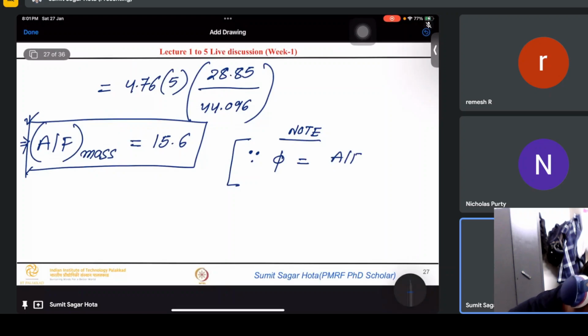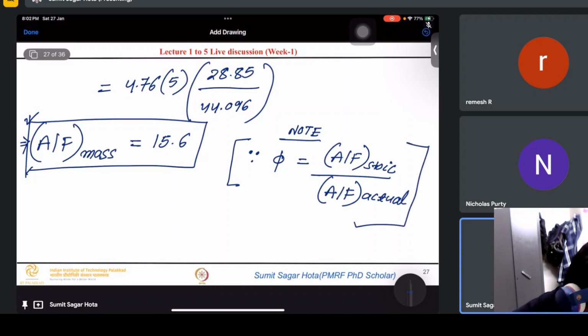The stoichiometric air-fuel ratio divided by the actual air-fuel ratio. Got the note. And for this you will get 15, which is your stoichiometric.